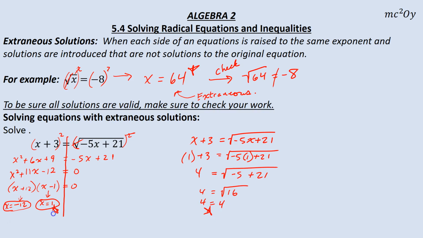So we're good. This one works. All right, try the next one. x plus 3 equals square root of -5x plus 21. Put in that -12: -12 plus 3 is equal to the square root of -5 times -12 plus 21.